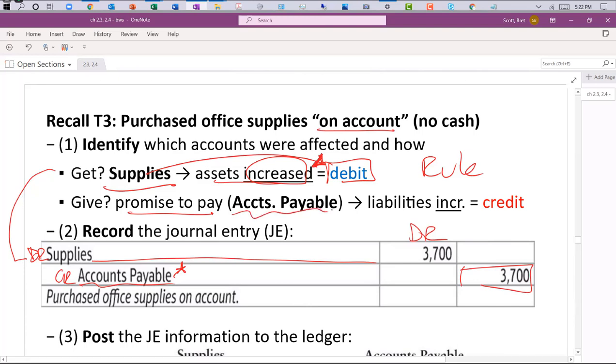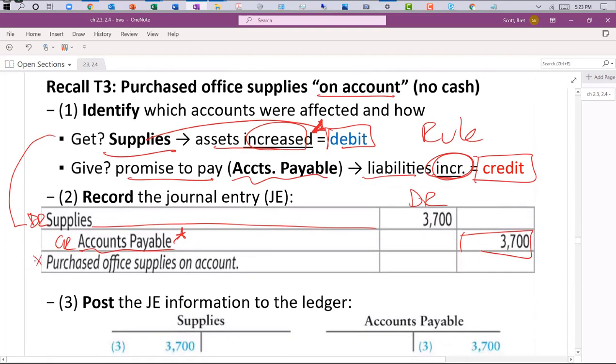We made a promise, we're going to have to pay some money later. We've incurred a liability, liabilities are increasing. The rule says credit those liability accounts that increase. That's how we know what we've done here makes sense. Even if we plug in the parts we know, generally speaking, we fill in the rest. When we fill in the rest, we're probably doing everything correctly.